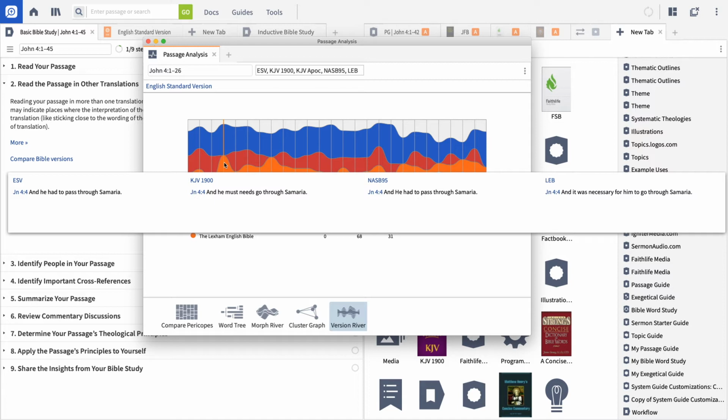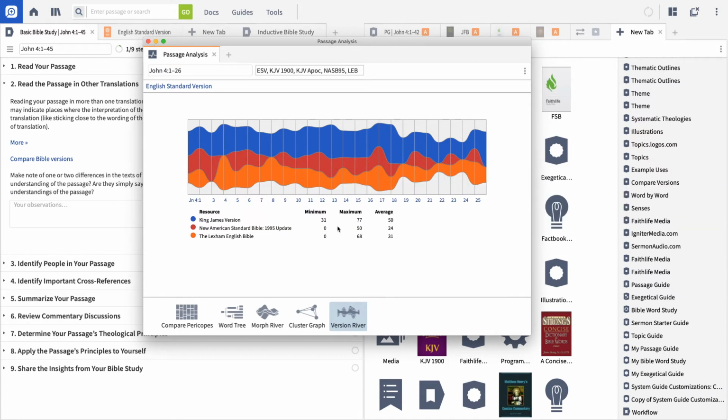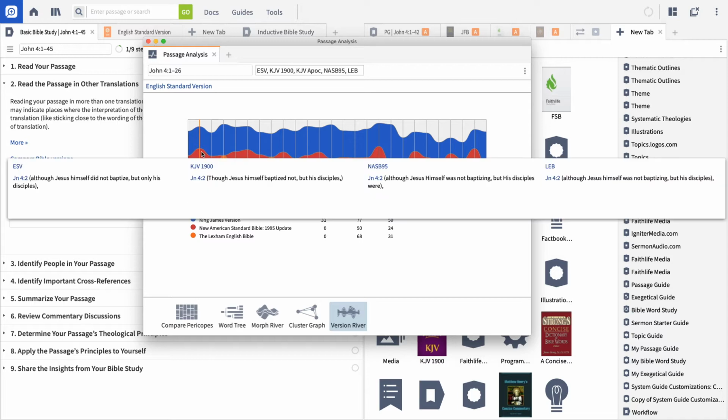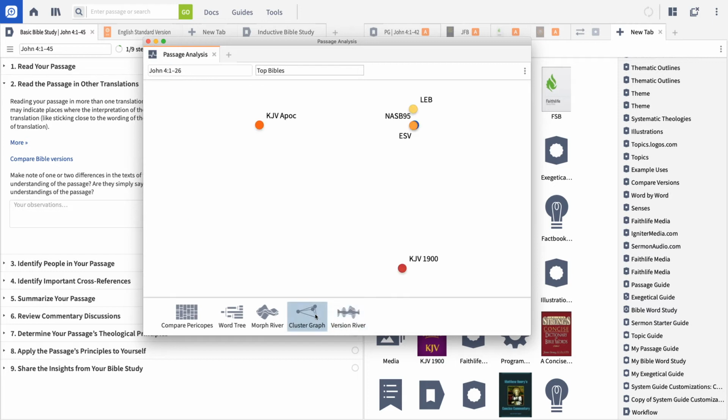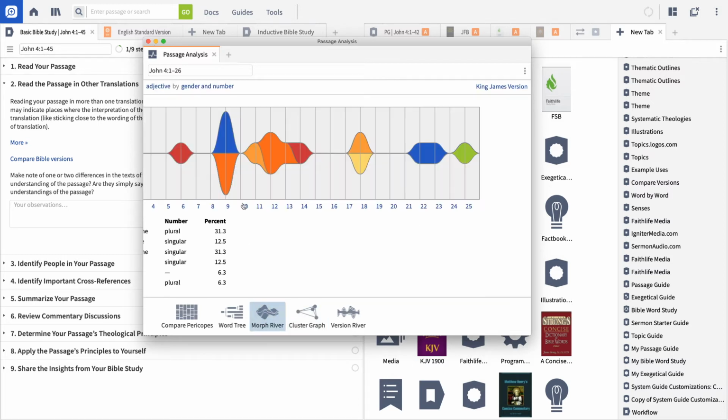Oh, wait. Is this the amount of... Let's see if I can get some help with this. This is cool. Oh, okay. I assume this shows how close they are together.